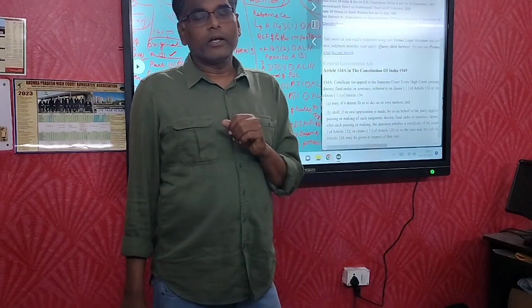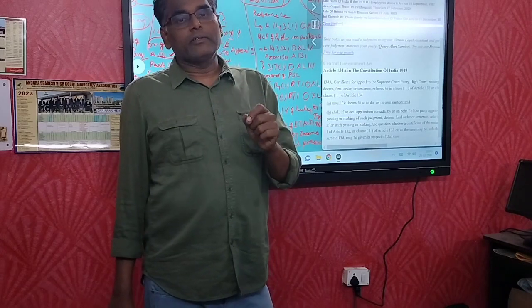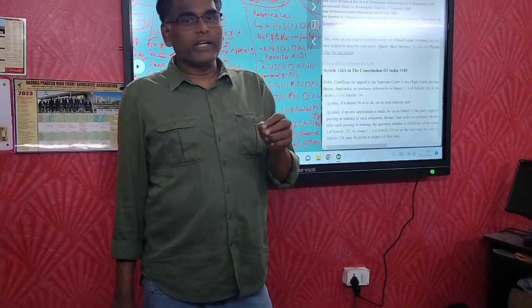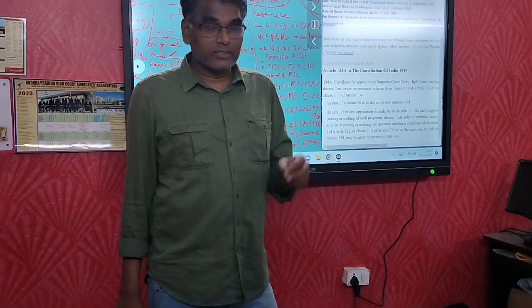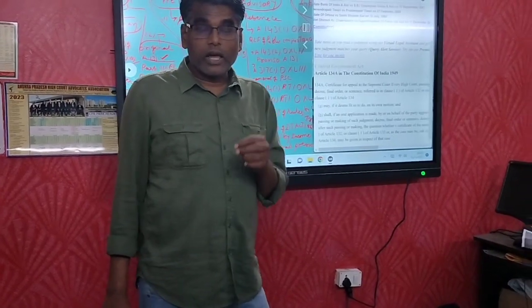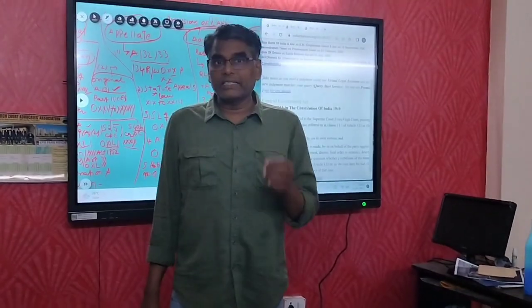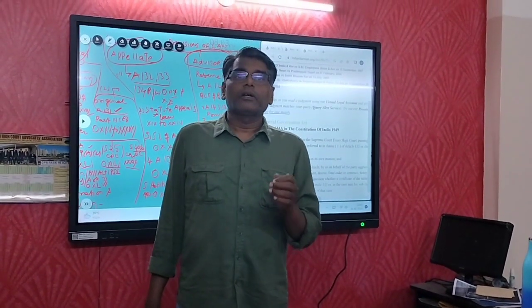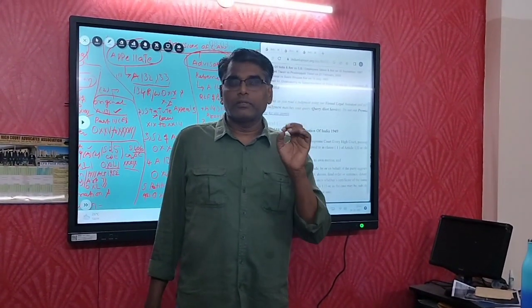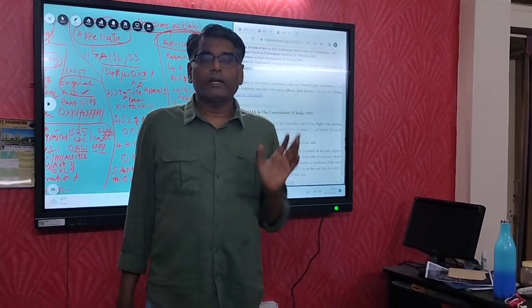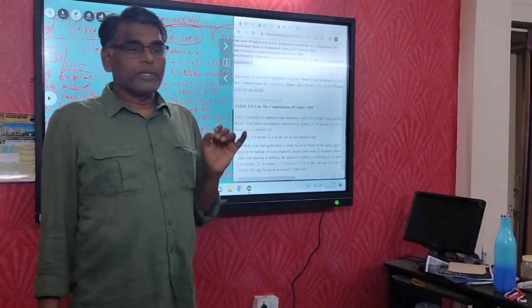In the same way, if any case pending before a court subordinate to the High Court is withdrawn by the High Court on its own and the death sentence is imposed, in such circumstances also 134 comes to the rescue. That means under 134 we can file an appeal.